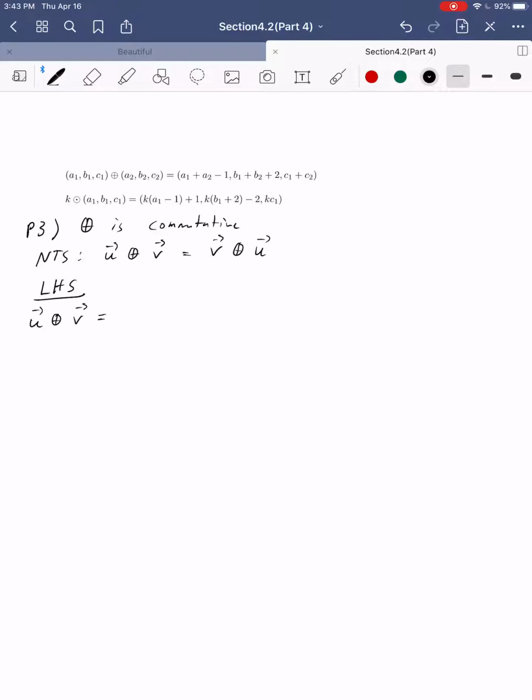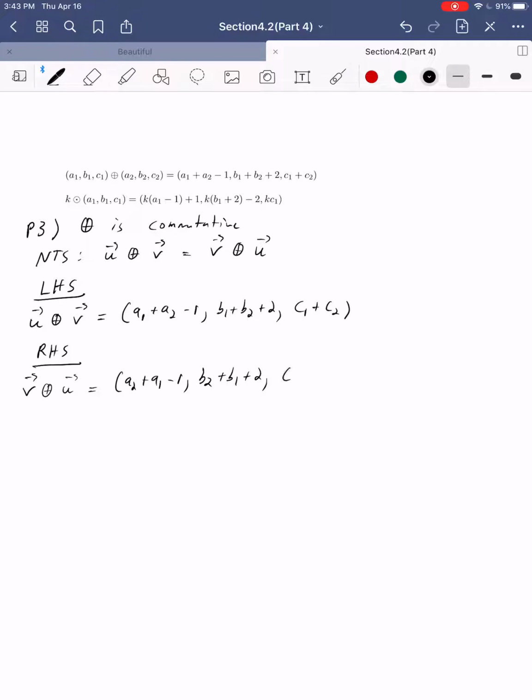Well, it would be this. Which according to our definition is going to be a1 plus a2 minus 1, b1 plus b2 plus 2, c1 plus c2. The right-hand side, on the other hand, is going to be v plus u, which is going to be a2 plus a1 minus 1, b2 plus b1 plus 2, and c2 plus c1. Now, keep in mind, in each component, the addition that's going on there is not vector addition.